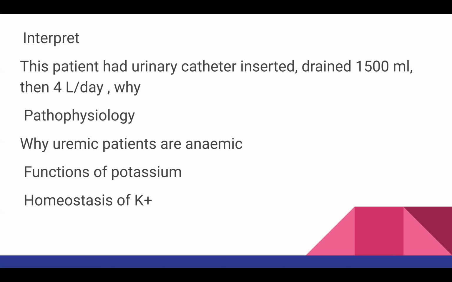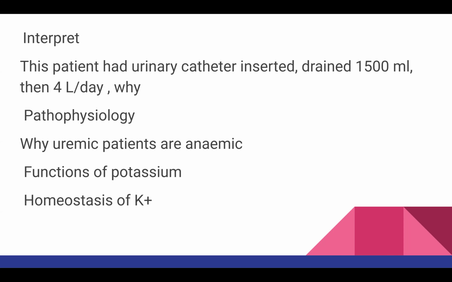So this is due to the recovery of the glomerulus, but delayed recovery of the distal convoluted tubule and the collecting ducts. So the urine concentrating ability of the kidney is lost initially. So there will be polyuria.